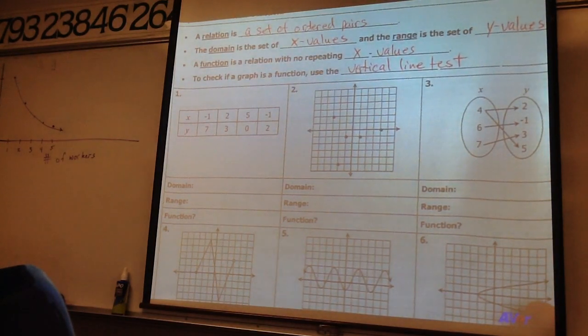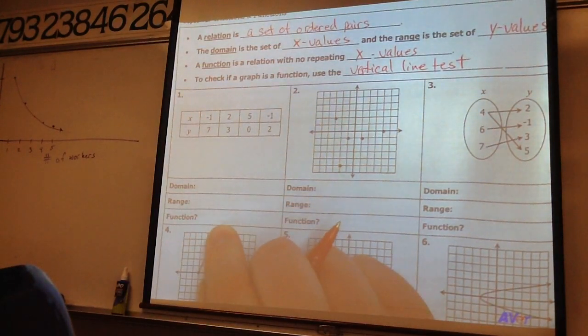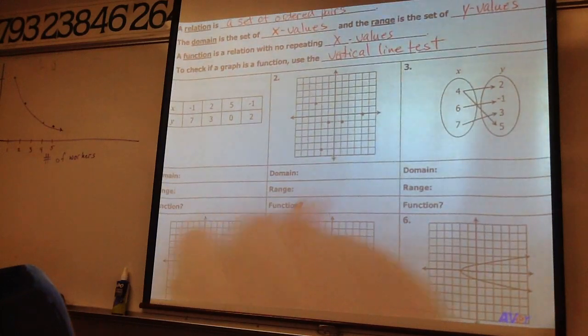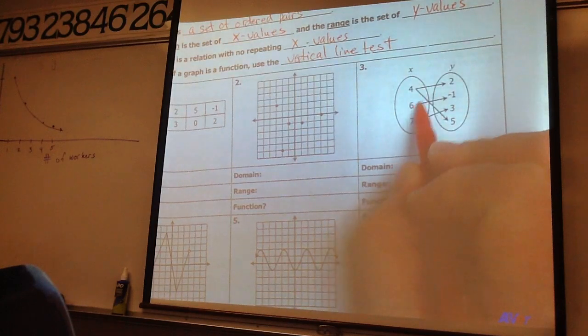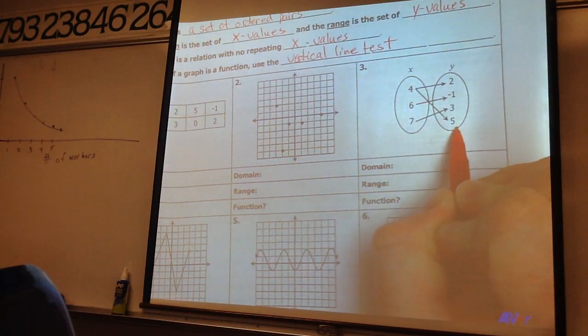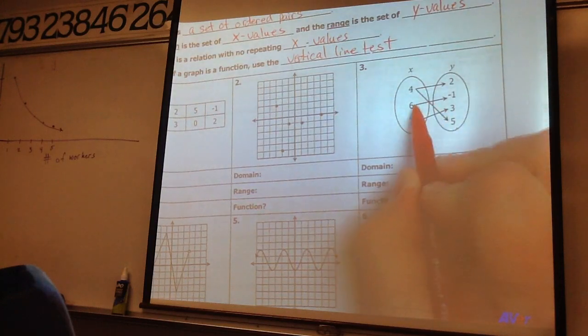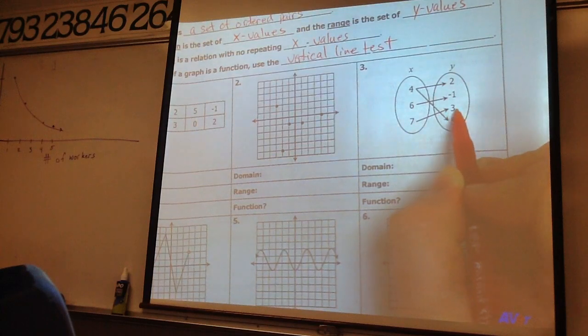So basically, you're going to look at these and find the domain and the range and say if it's a function. I'll show you how to do number 3, because that's weird. These arrows just mean when x is 4, y can either be 2 or 5. When x is 6, y is -1, and when x is 7, y is 3.